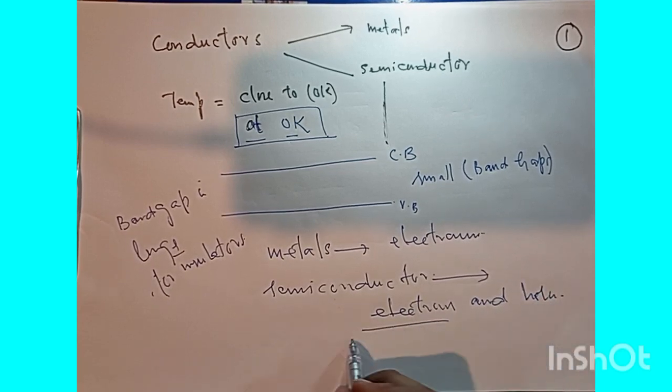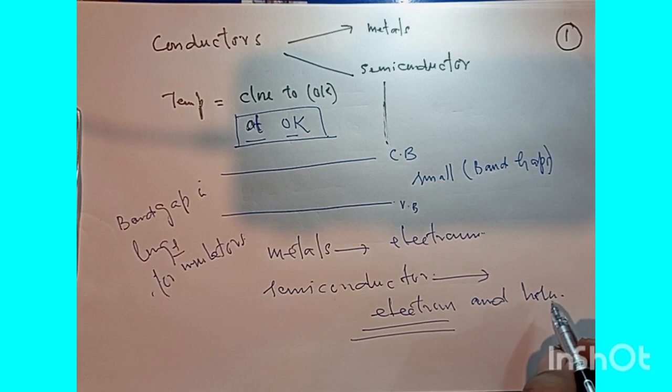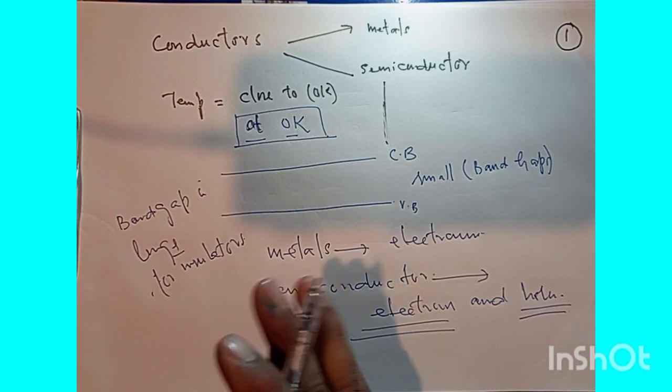Now, electrons are negatively charged particles, and holes are the positively charged vacancies that develop when an electron leaves a site.